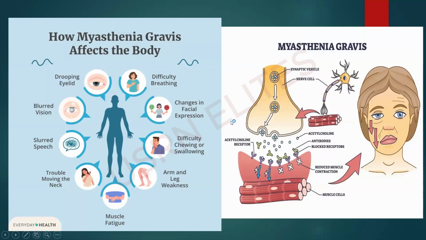Because look at what is happening in Alzheimer's disease. You have low acetylcholine, and it's the same thing also happening in myasthenia gravis. But the difference in the whole thing is that with Alzheimer's disease, it is happening within the brain, but in myasthenia gravis, it is happening at the neuromuscular junction.